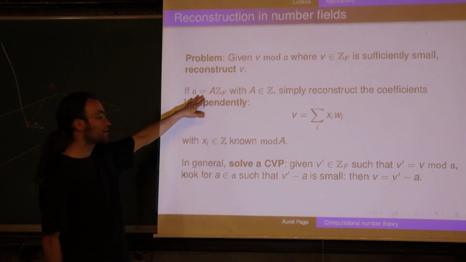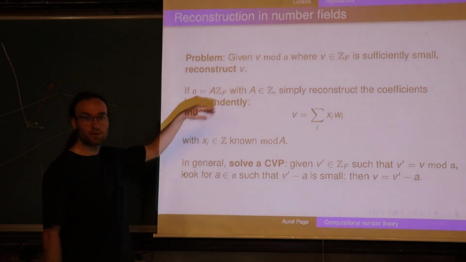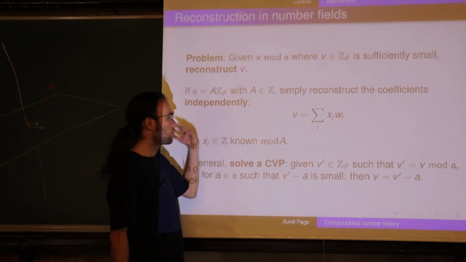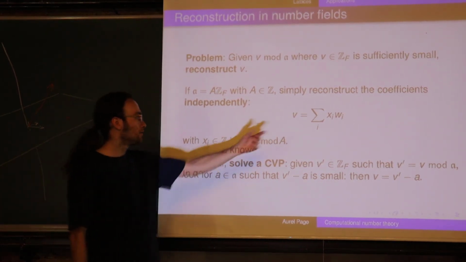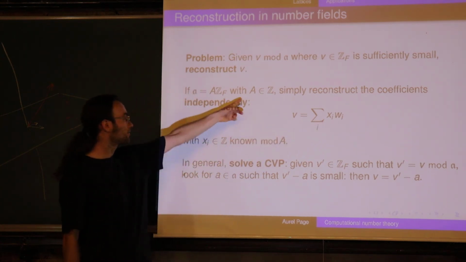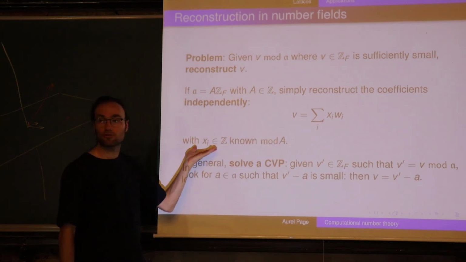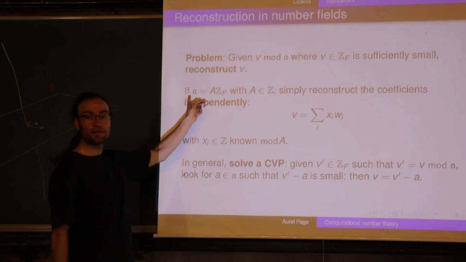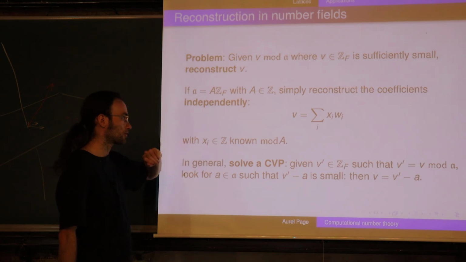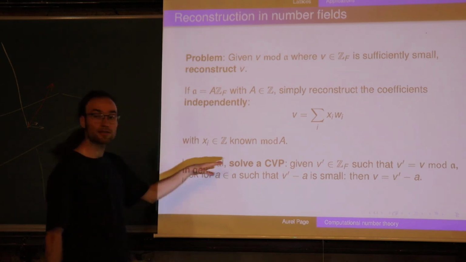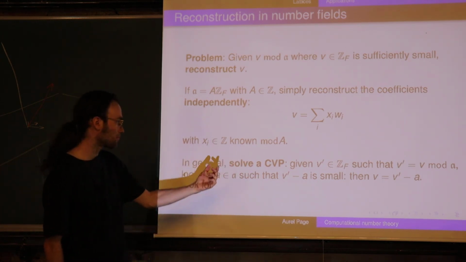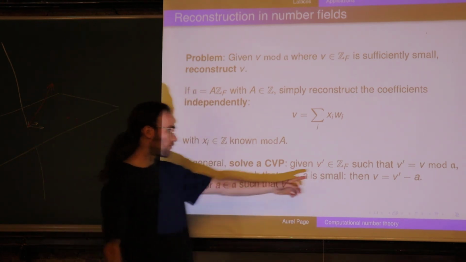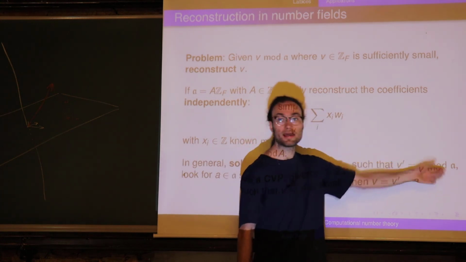So if the ideal is just the set of multiples of an integer, then you can simply reconstruct all the coefficients independently. You know the coefficients modulo A, and you can reconstruct them as integers. But if your ideal is not of this type, then this doesn't work. And in this case, you can reformulate it as a closest vector problem, because the problem is simply you're given V prime in ZF, and you want to find something that is congruent to it modulo A and that is small.